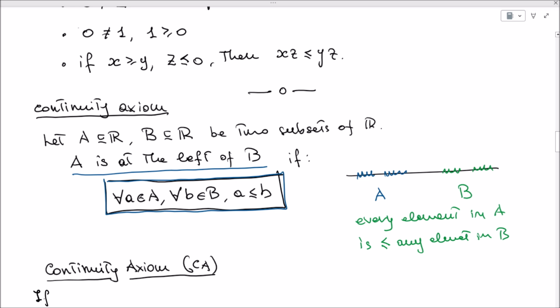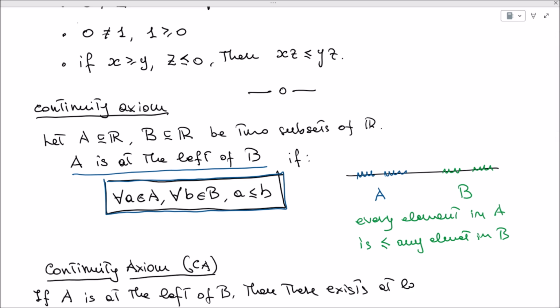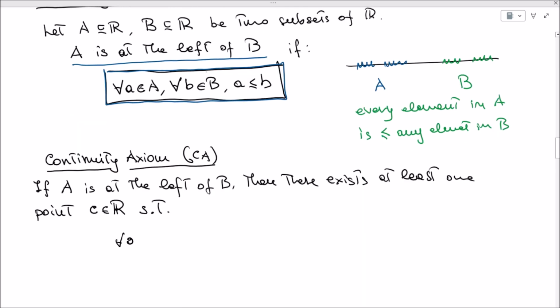If A is at the left of B, then there exists at least one point C, of course a real number C, such that for every a that belongs to A, a is less than or equal to C, and for every b that belongs to B, C is less than or equal to b.